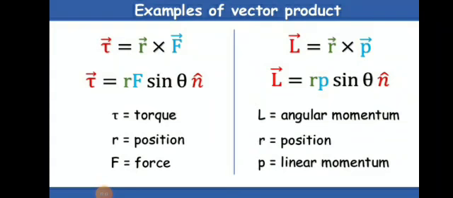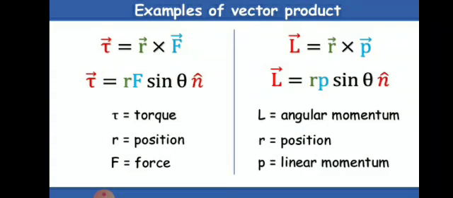The first one: the cross product of two vectors is always a vector. The dot product of two vectors is always a scalar quantity, but the cross product of two vectors is always a vector. The torque, represented by tau, is a vector product of force and radius.